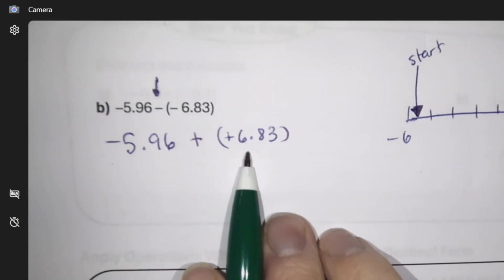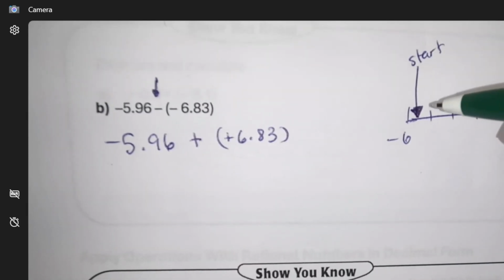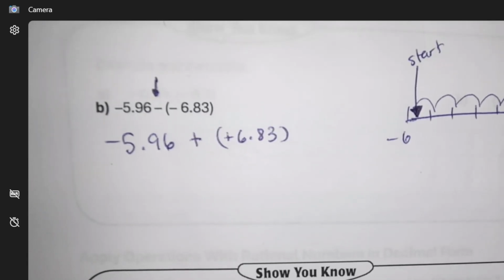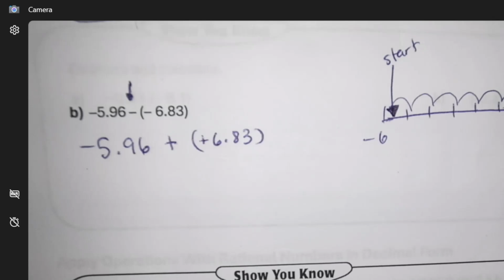And then I'm going to go up almost 7. So 1, 2, 3, 4, 5, 6, 7. I'm not going to go up 7, just a little bit under that. So I'm going to estimate that it's about at a 1.